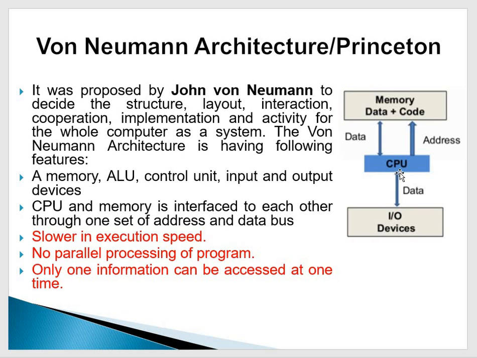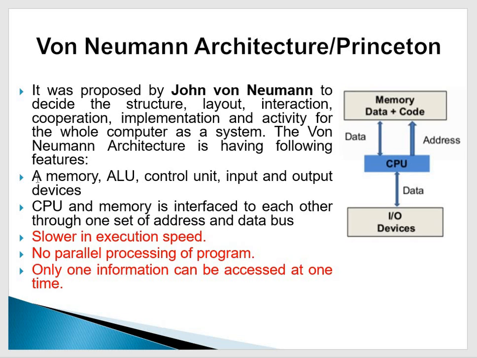Here we can see that in the von Neumann architecture, the CPU is interfaced with the external memory with only one set of data and address lines. Only one set of address lines and another set of data lines are there. Whenever the CPU has to transfer data and program from the memory, that data or opcode will be transferred through the one set of address lines only.